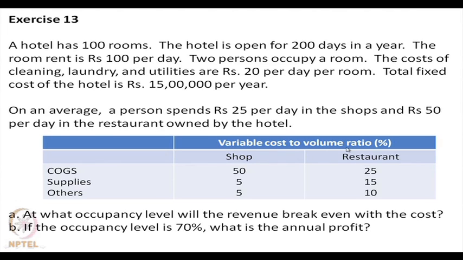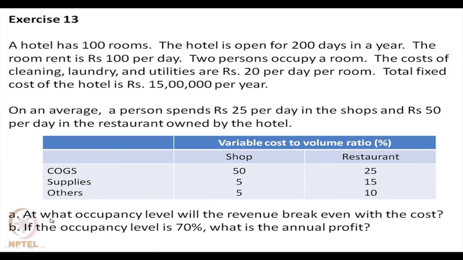The variable cost to volume ratio is given here. This is the cost of goods sold: in the shop it is 50, in the restaurant it is 25, for supplies it is 5 and 15, and for other variable costs it is 5 and 10.